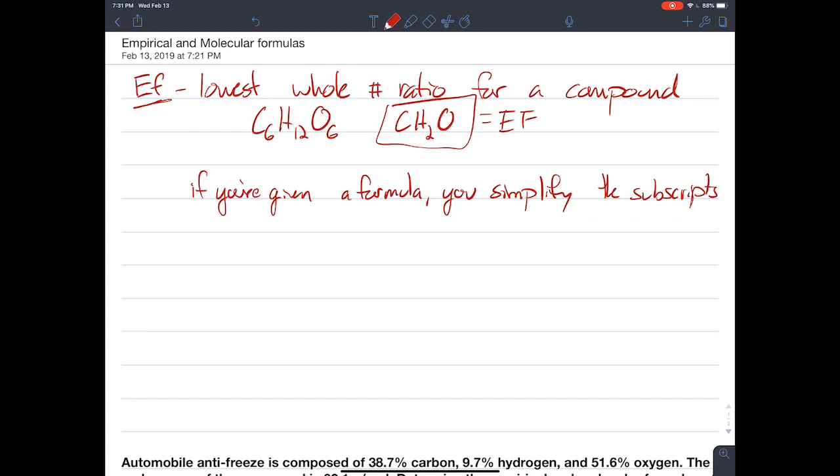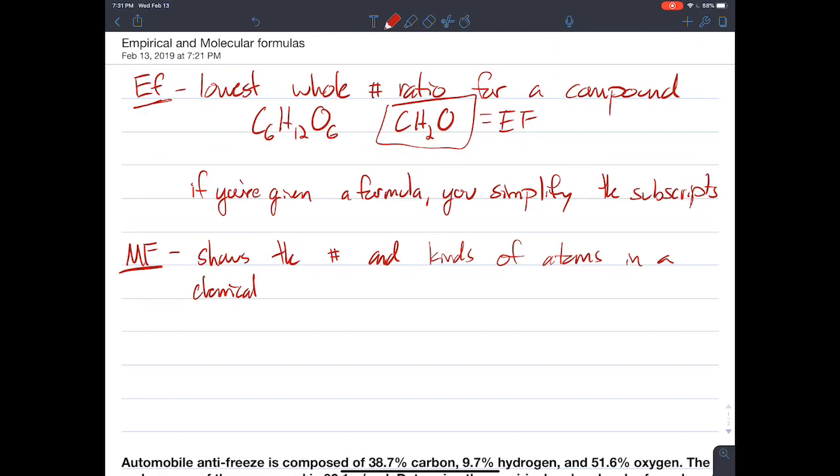When we're talking about molecular formulas, the molecular formula shows the number and kinds of atoms in a chemical formula. So the molecular formula for glucose would be C6H12O6.